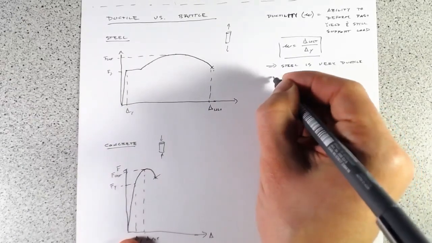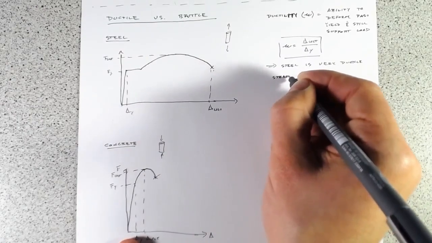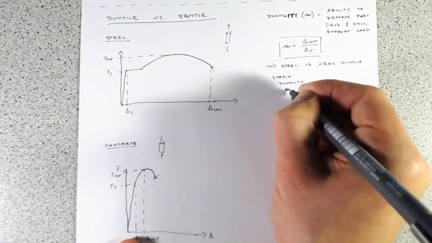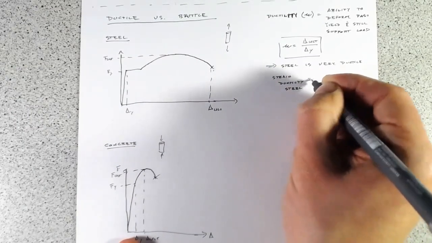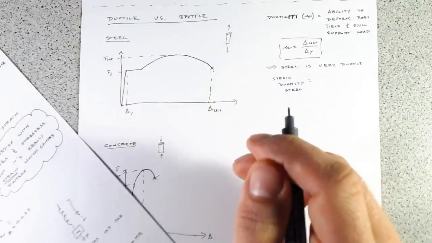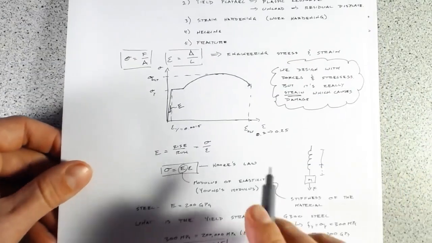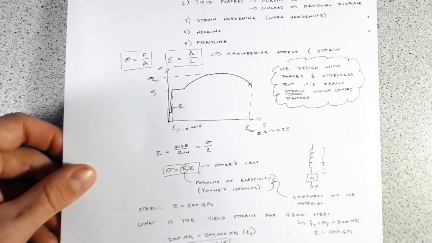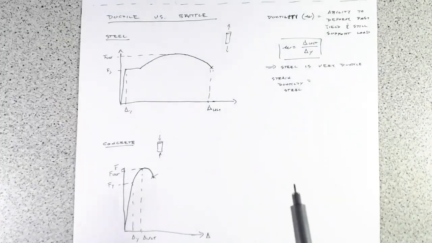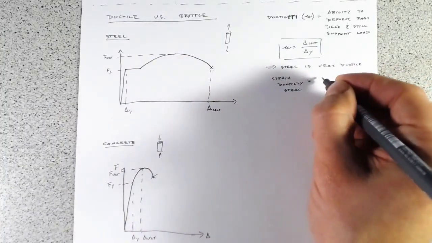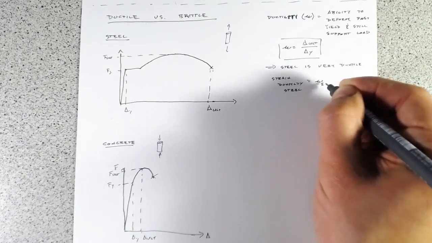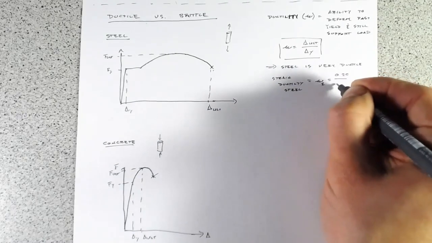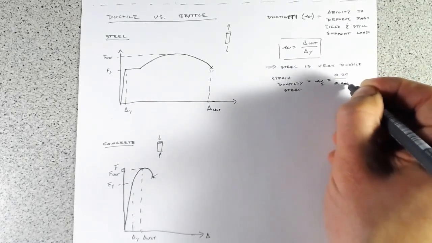So if we look at the strain ductility of steel, we determined that our ultimate was about 0.2 to 0.25, and our yield strain was 0.0015. So mu is going to be 0.2 divided by 0.0015.